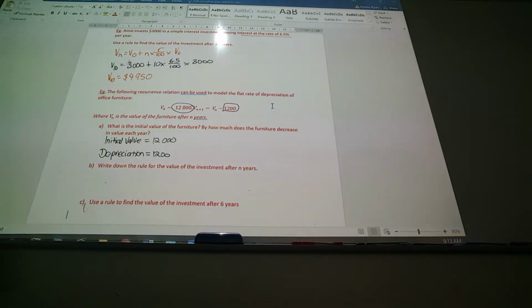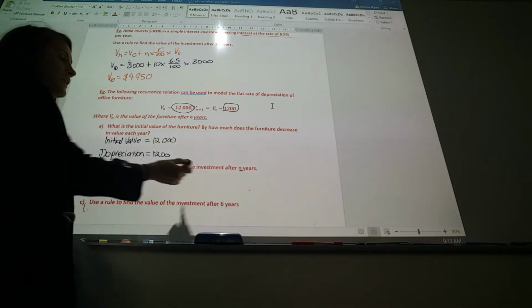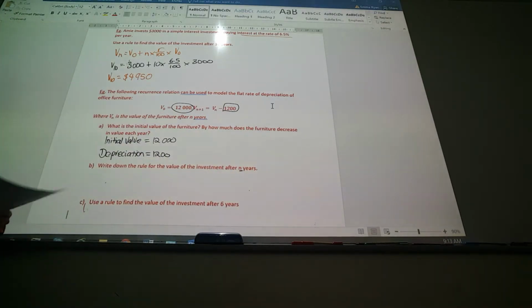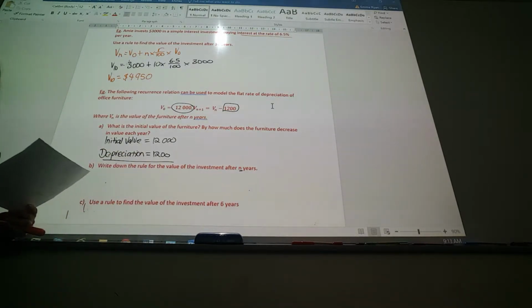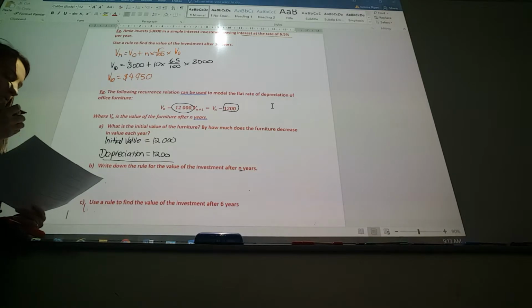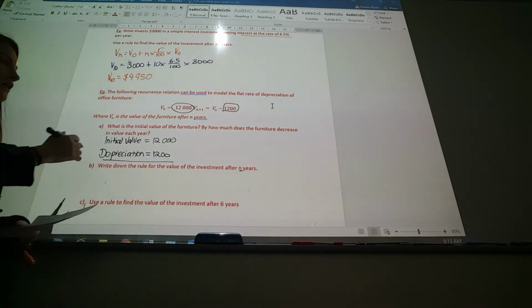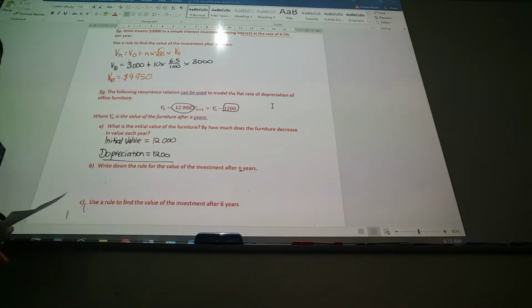All right, so write down the rule for the value of the investment after n years. So this is where we need to leave our n in the formula. We've been given the difference, how much we're going down by. So we don't need to use the one with the interest rates. We just need to use the one that's just the V0 take n times d. Because we're going down, we're using the takeaway.